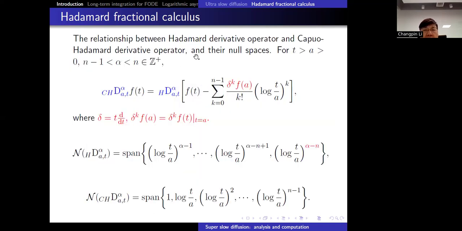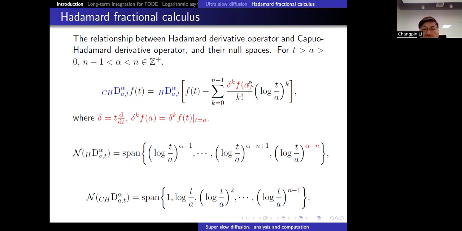We can find the relationship between the Hadamard derivative operator and the Caputo-Hadamard derivative operator. Like this. This summation is just the Taylor expansion of f(t) at the starting time a, in the sense of logarithmic function.